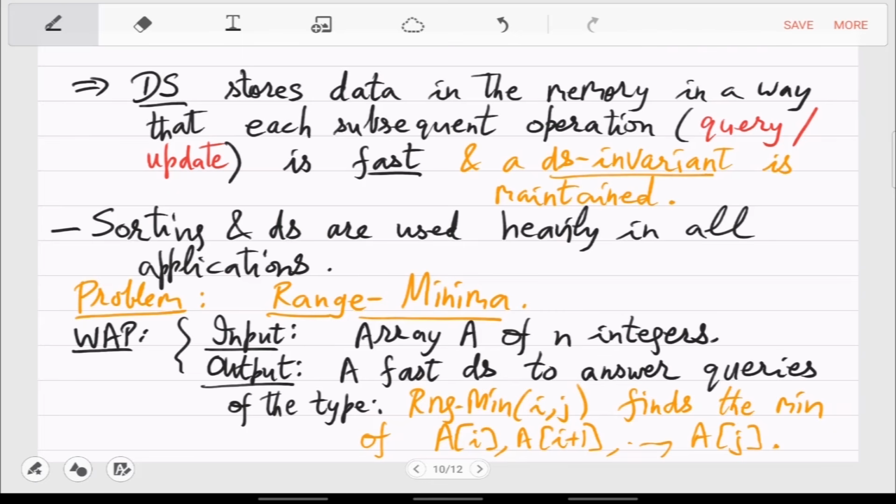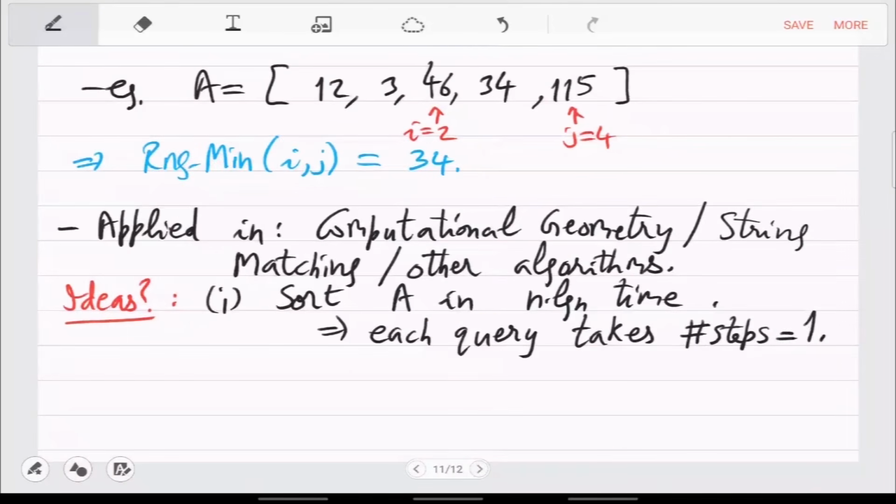No, but then the original locations will be distributed in a haphazard way in your sorted array. It will not be a contiguous interval. So you want an interval, right? So the interval was there in the original A. If you sort it and make it, let's say, B, then now this, for example, i equal to 2 to j equal to 4, these 2, 3, 4 locations in B will be arbitrarily placed.